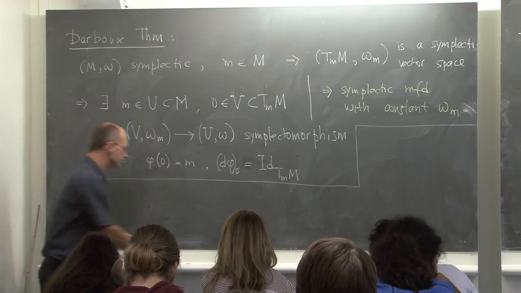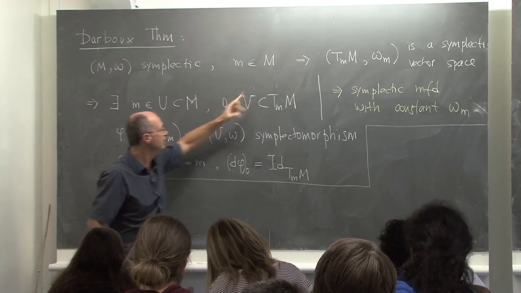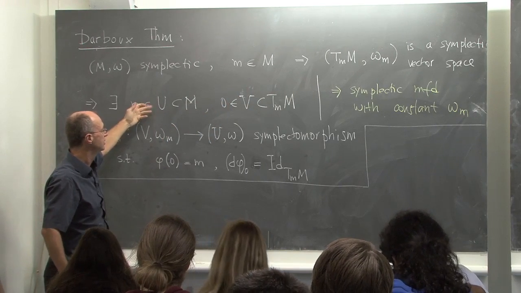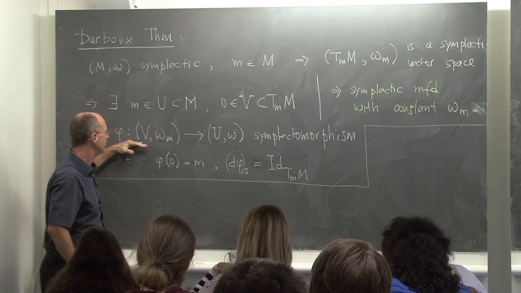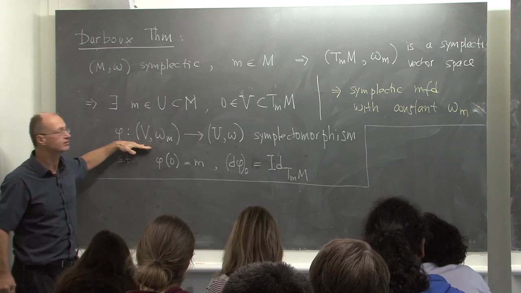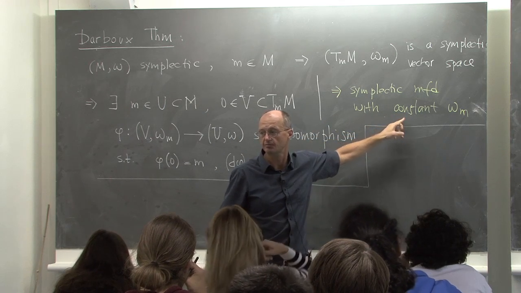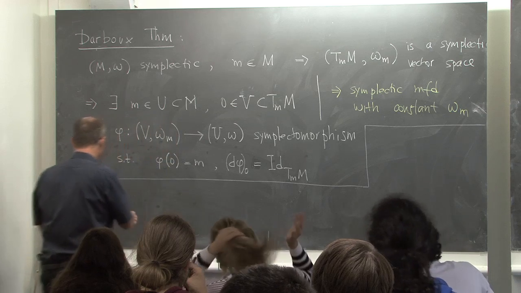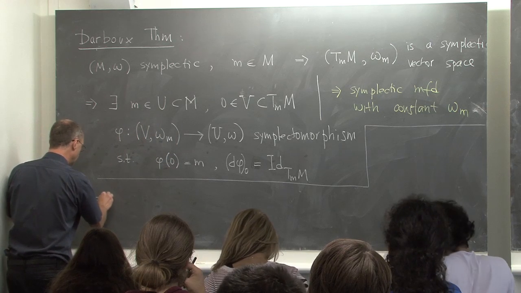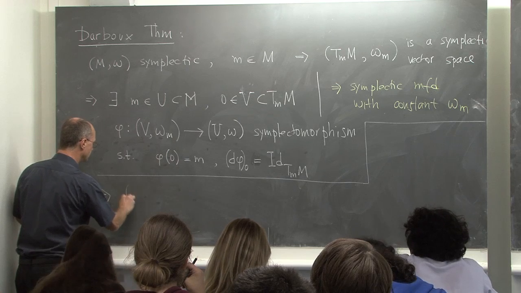It basically tells us the following. Near any point m, I can choose a chart which can be identified with an open subset of a symplectic vector space together with a constant symplectic structure. So let me recall, there is a corollary of this theorem.